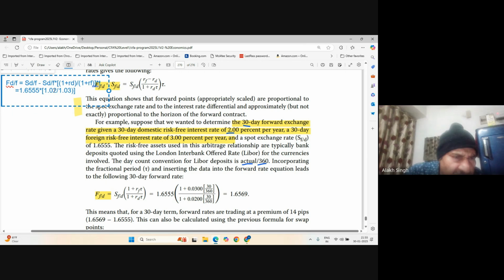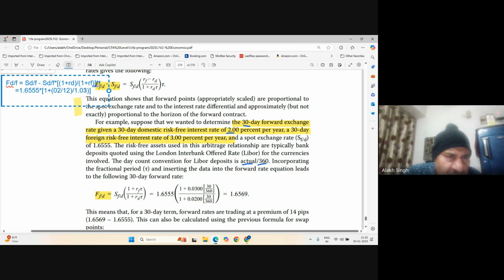So 1.1 plus 0.02 divided by 12, because 1 by 30. And this one will be in parenthesis, 1 plus 0.02 divided by 12.